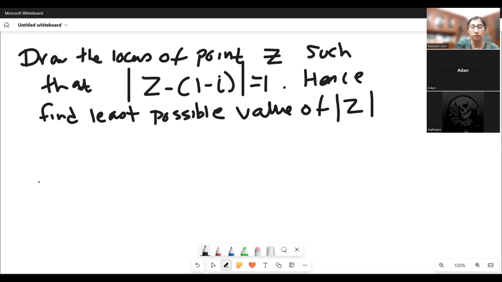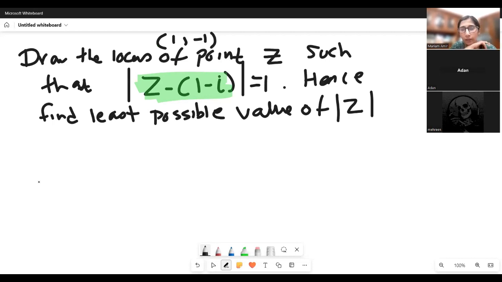From here, we get a point which is 1 comma minus 1. Equate that green part to 0, and then you get 1 minus iota, from where you get the point 1 comma minus 1. From here, we get the radius of 1.